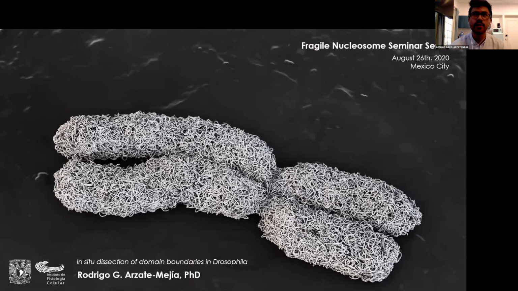That's a very good question. So we did all of this just in the S2R plus cells. We derived specific protocols to make it work. We do observe that the cells have some proliferation problems, but we did not keep on working on that.